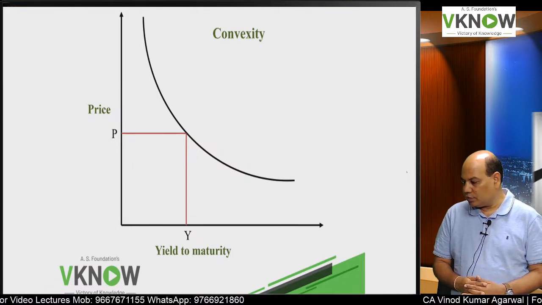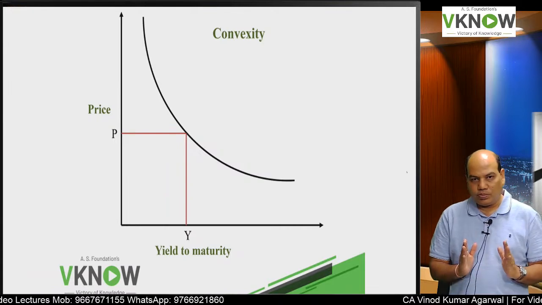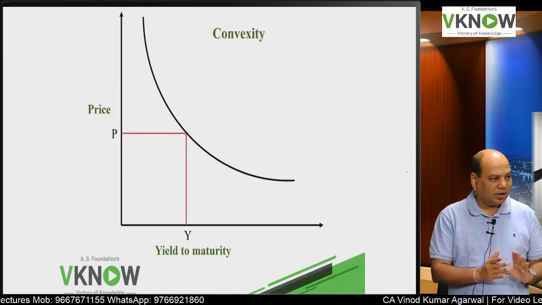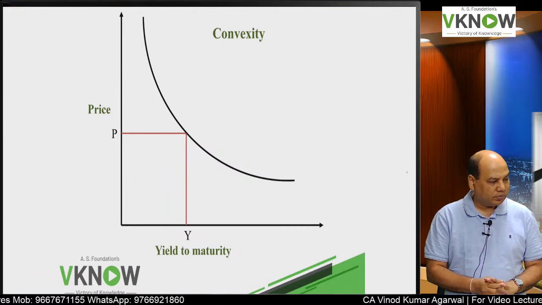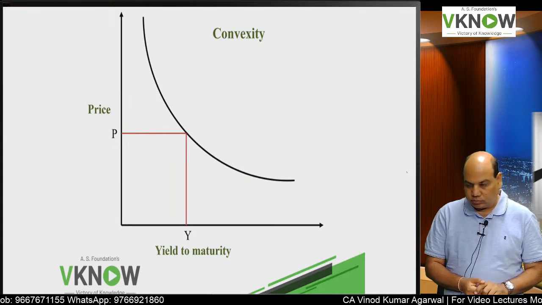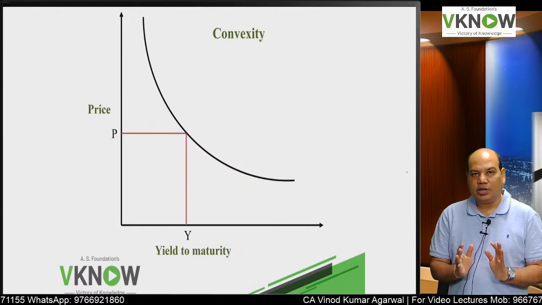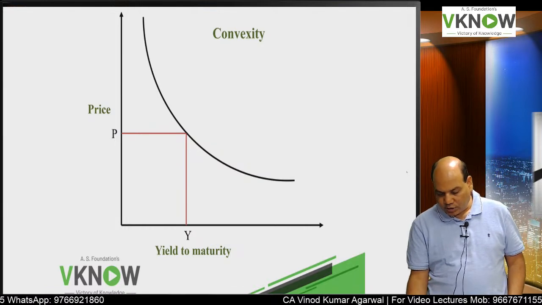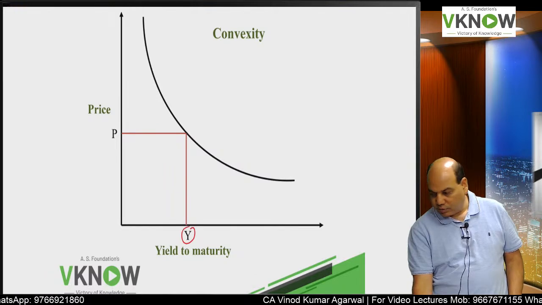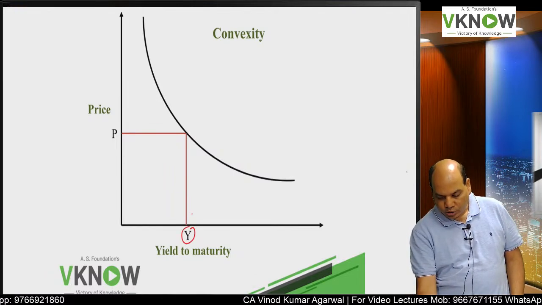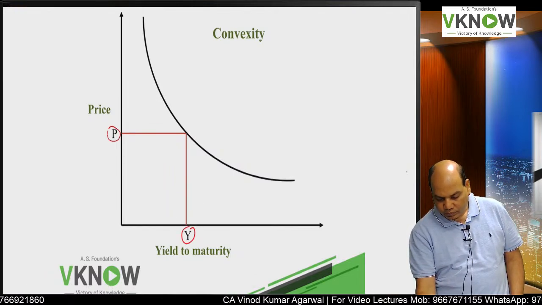So draw this much first. Keep your calculator, pen, pencil, eraser, everything ready. Now, right now the YTM is Y. Understand the diagram. The YTM is Y and the bond price is P.